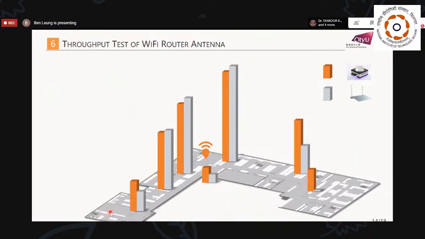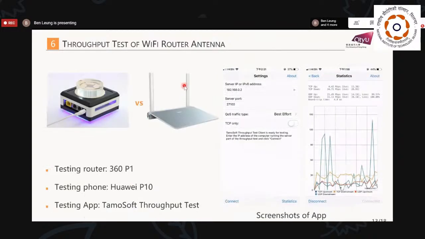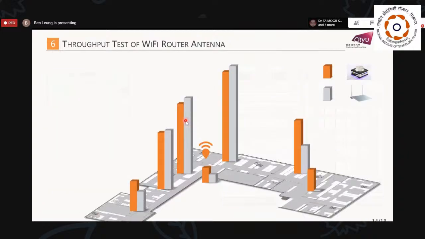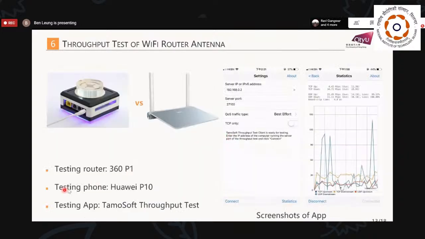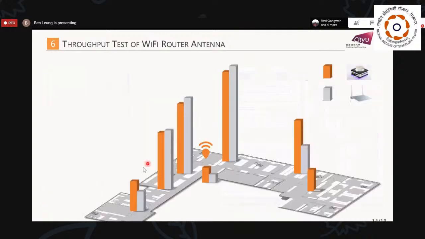Okay, this is the floor plan of our state key lab. Now, here is our router, and also the commercial router. So at one time we test one router, and then we test the second router, and then we take this testing mobile phone and move it around different locations of our lab.